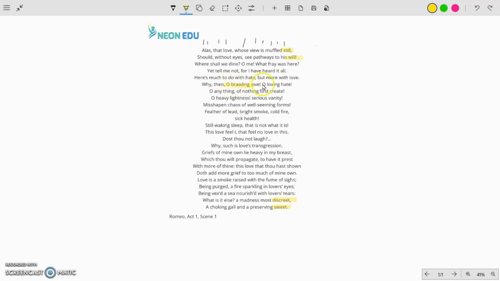"Oh, brawling love, oh, loving hate, oh, anything, of nothing first create, oh, heavy lightness, serious vanity." The repetition of the "oh" shows the anguish, not only its presence, but its increasing. By the time you get to heavy lightness, you can imagine Romeo screaming this line.